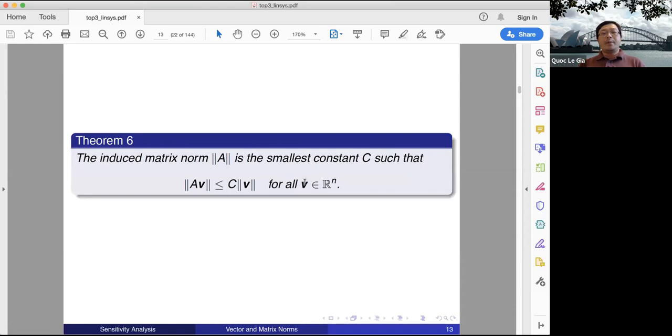The norm of the matrix is just the smallest constant C so that the norm of AV is smaller than C times the norm of V. Why is that? I can show you from the definition.